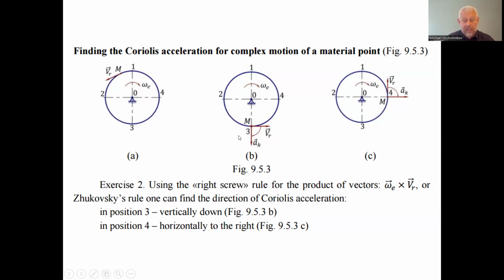First, the position of the point is vertically down, so here. We have the rotation of the wheel clockwise, watching here. Looking at the axes, we have two axes on the plane, the abscissa and the ordinate axis, and we have a third axis.